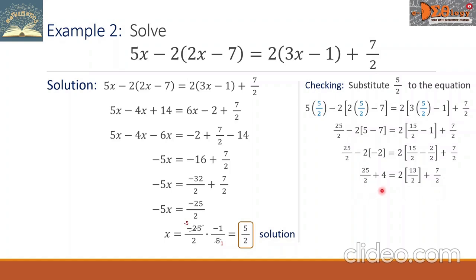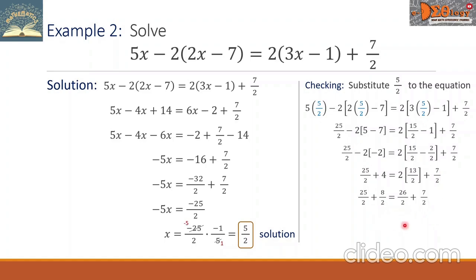On the left side, we combine this 25 over 2 plus 4. Let us show that this 4 is a fraction with the same denominator. So we multiply 2 by 4, that becomes 8 all over the same denominator 2. So we have 8 over 2 here equals, we multiply this 2 by 13, we will get 26 all over 2, and then plus the 7 over 2.